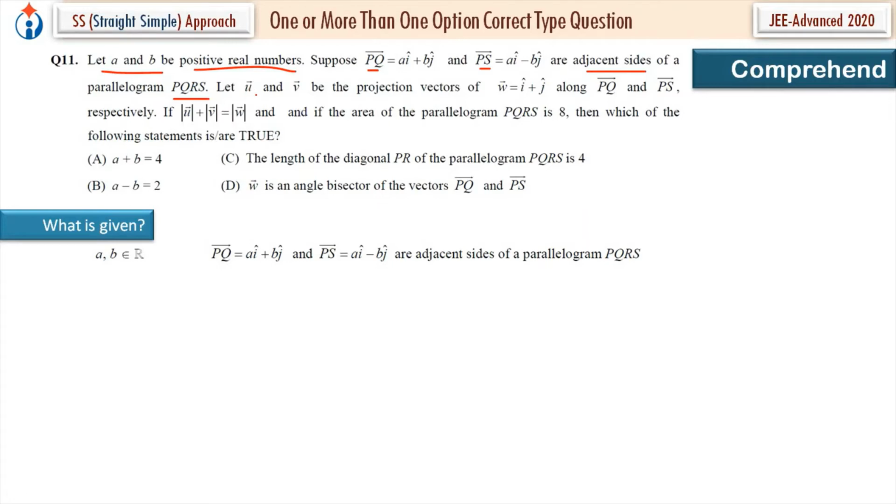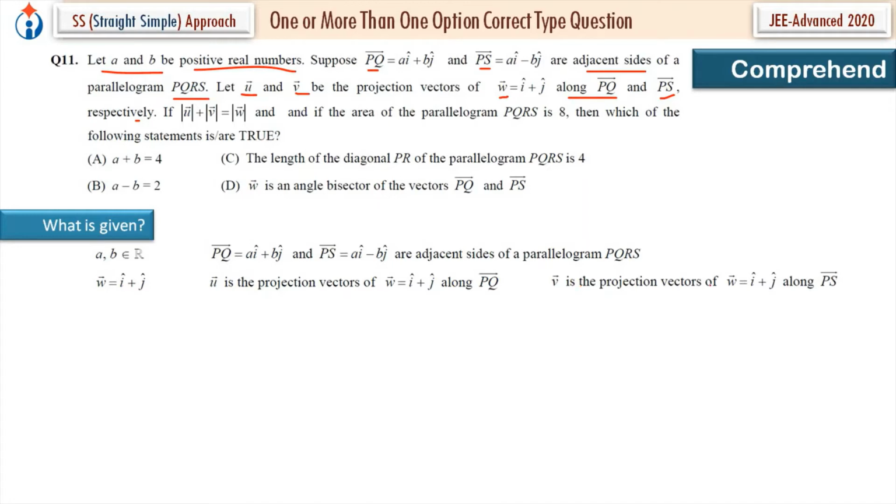Let U vector and V vector be the projection vectors of W vector along PQ vector and PS vector respectively. W vector is given as i cap plus j cap.